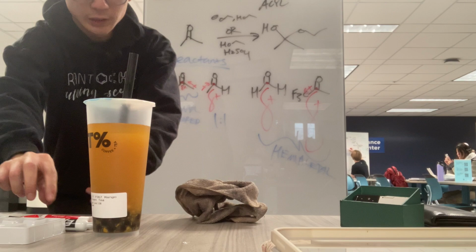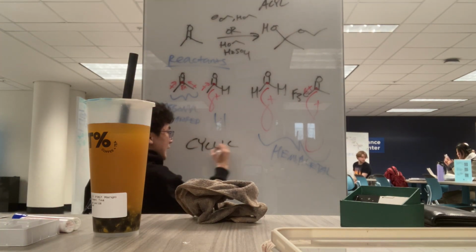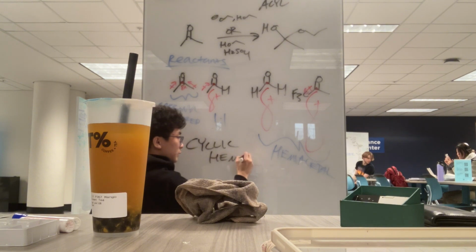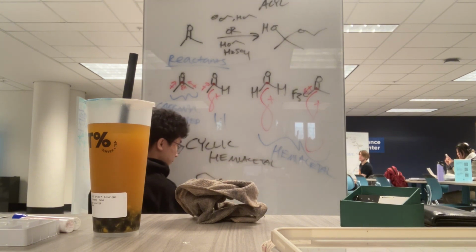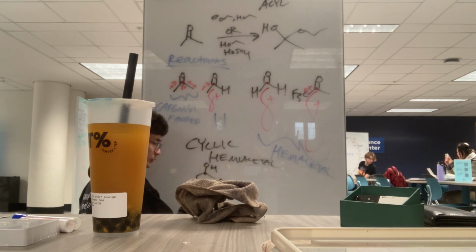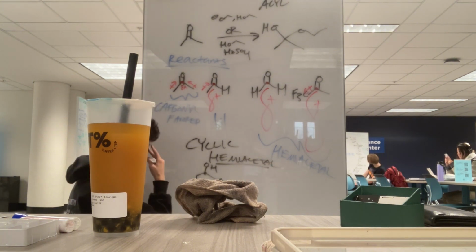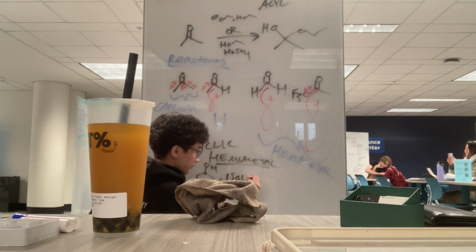Another thing that I want you guys to know are cyclic hemiacetals. They are isolatable, right? That's going to be something like this, where this carbon here is attached to an OH group and an OR group. This hemiacetal is actually stable enough to exist, and if it's stable enough to exist, we can isolate them in lab. So this right here is isolatable.